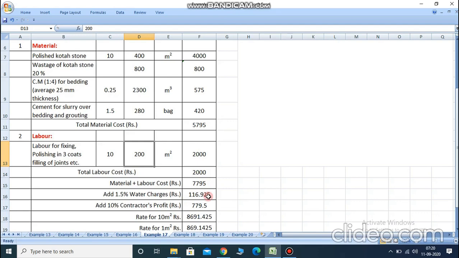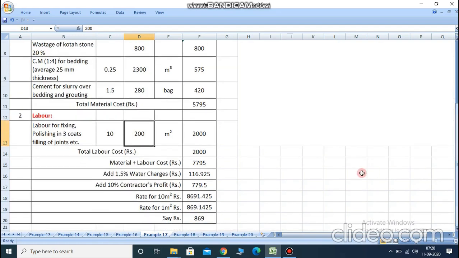So we got the answer 116.925. Now we add the 10% contractor profit. So 7795 multiplied by 10%, we got the answer 779.5.